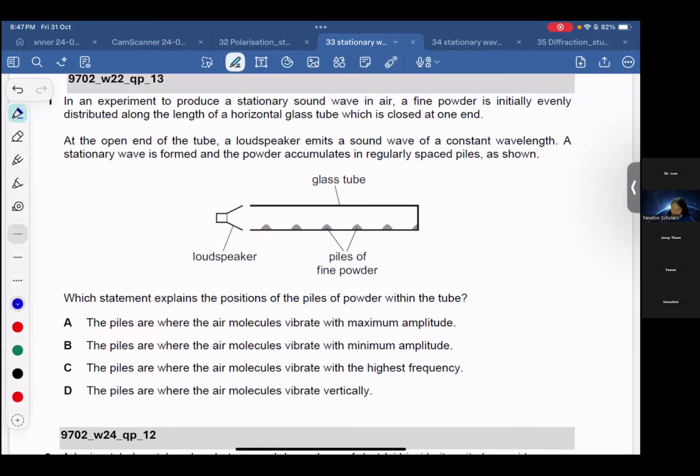If maximum amplitude, that means you are at the anti-node. Minimum amplitude means it is at the node. Fatima, correct. Manjo, correct. How about others? Jahan, correct. Here should be an anti-node, and this one, a node. Then without the powder, it should be the maximum.